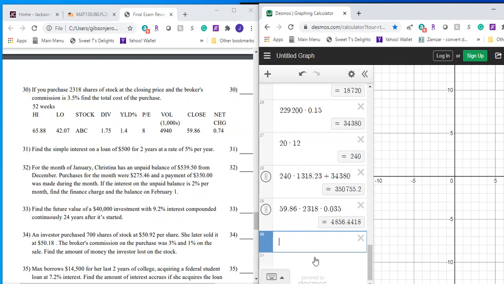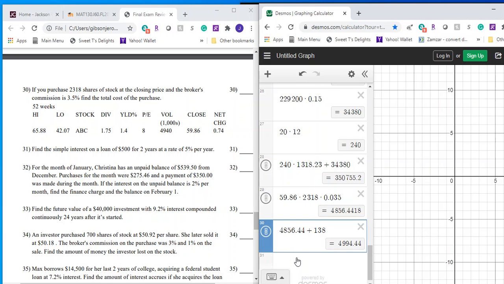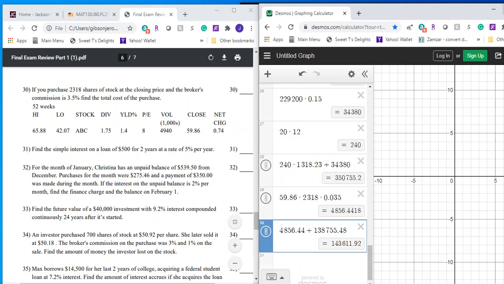So then what we would do, we would take the $4,856.44 and then add it to the $138,755.48 we got previously. So the total that would be paid would be $143,611.92. That's how much this person would pay totally for the stock.